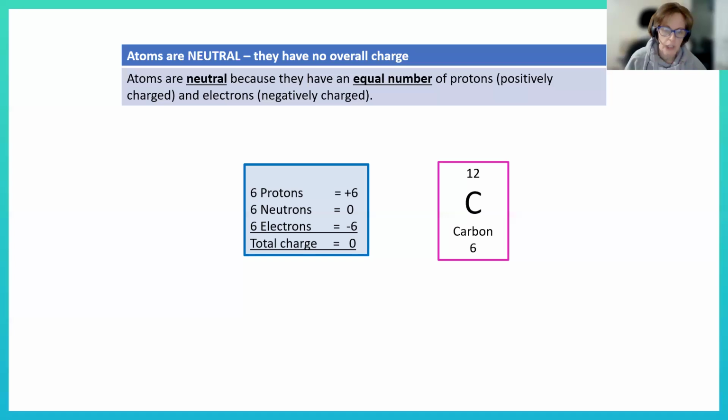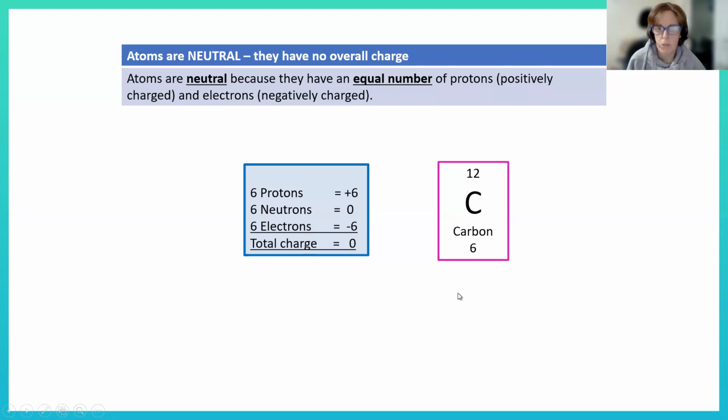But your chemistry teacher can deal with that. So carbon has 6 protons. That's what that number tells me. It has 6 neutrons and it has 6 electrons, because that is equal to that number. I've worked out that it had 6 neutrons because this big number here is the number of protons plus neutrons.